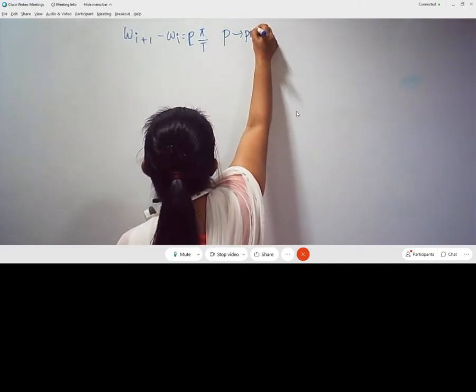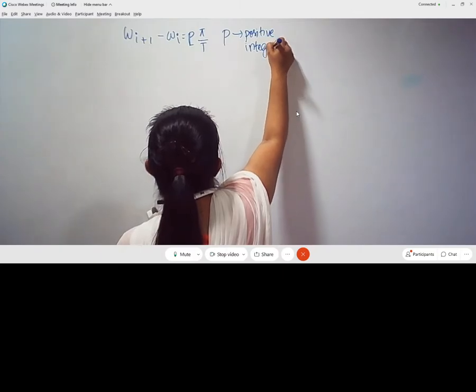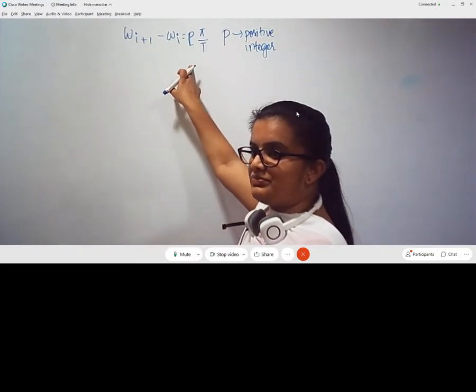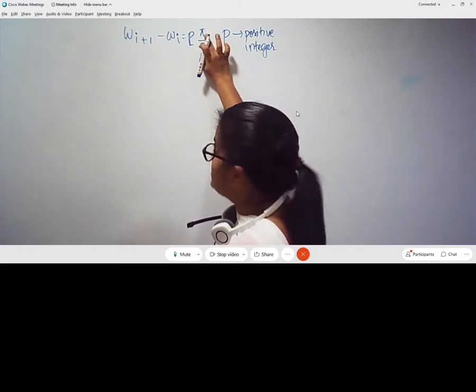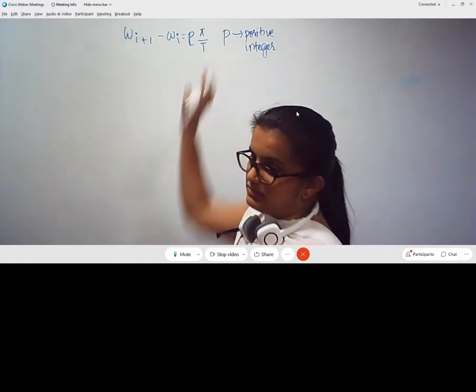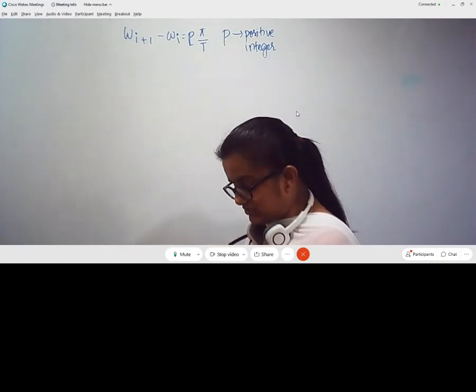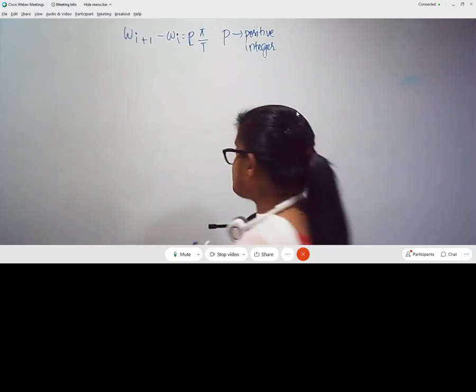It is just an integer. It has got nothing to do with any of the parameters. It should be that p is a positive integer, and this difference should be an integer multiple of pi by capital T, where T is the symbol duration. So this is the way in which we are going to do the FSK modulation.